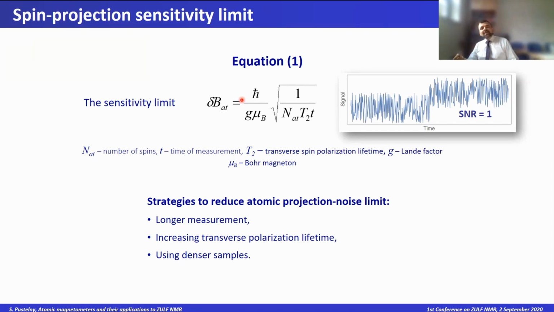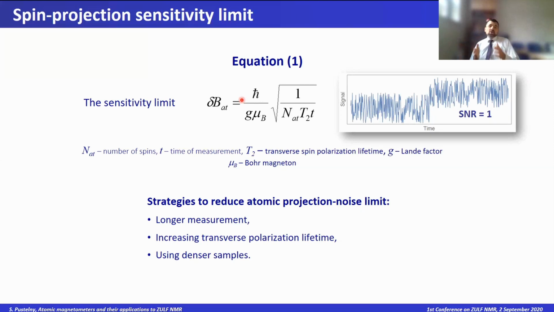But of course, the sensitivity of the measurement also depends on different factors. For example, if you keep measuring for a longer time, precision of your measurement should increase. Of course, this is true when there are no systematic slow drifts of your signals. If there are no fundamental limitations, the longer you're measuring, the higher is the precision of your measurement. But not always you can increase the length of your measurement.